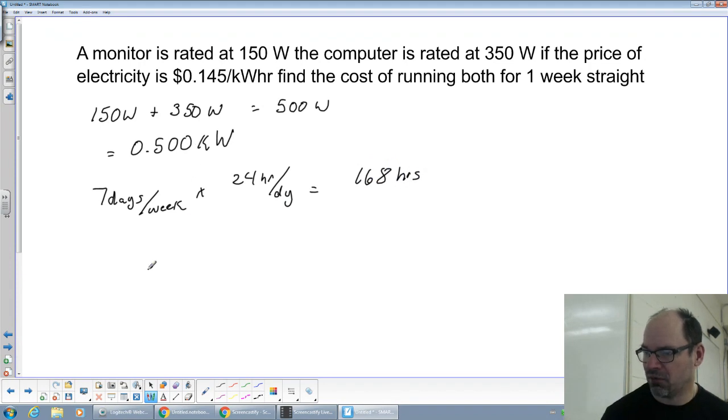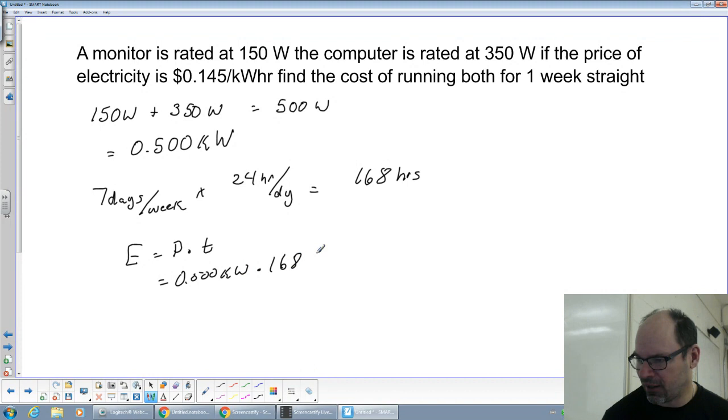So then we now get our energy consumption by multiplying the power times the time. 0.500 kilowatts times 168 hours. So that's going to give us half that, or 84 kilowatt hours.